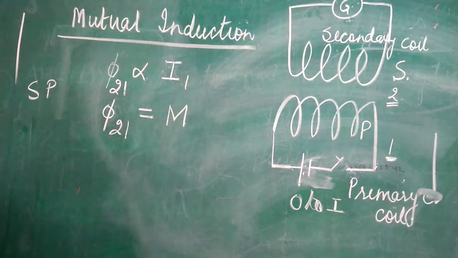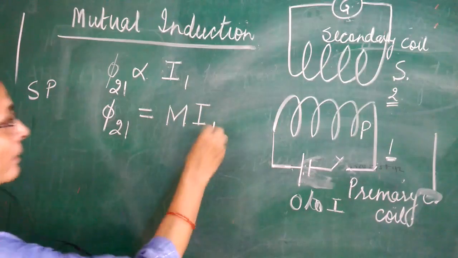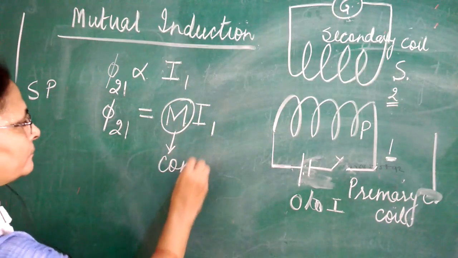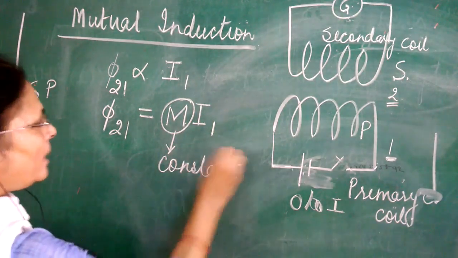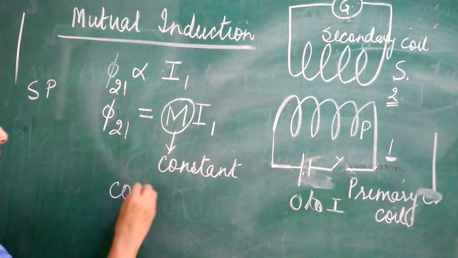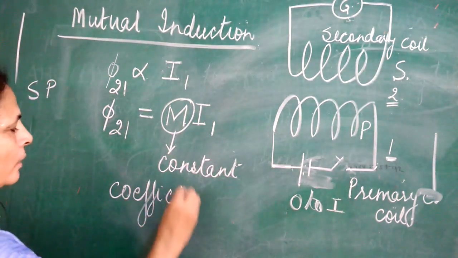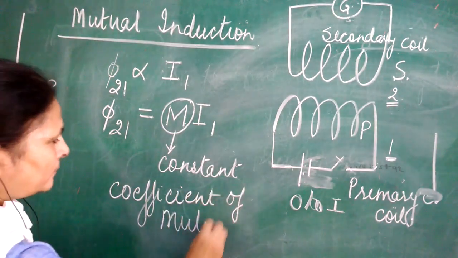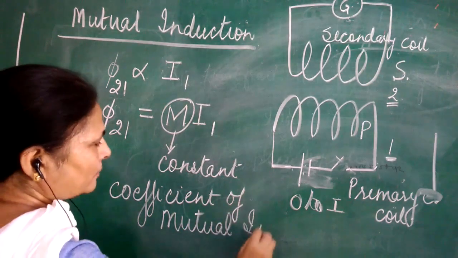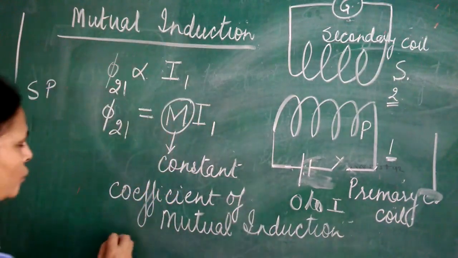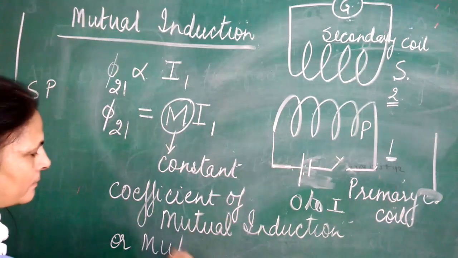Now instead of L, we'll have M, and this M is a constant known as the coefficient of mutual induction, or mutual inductance.